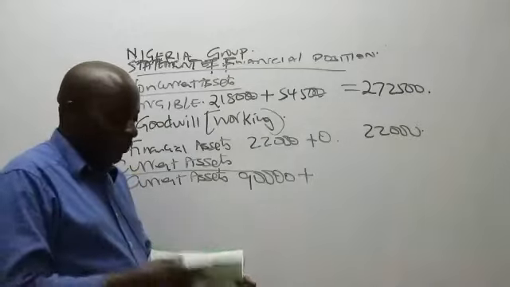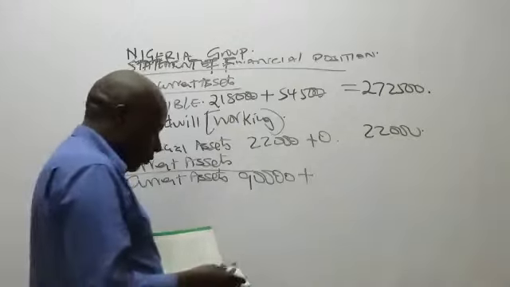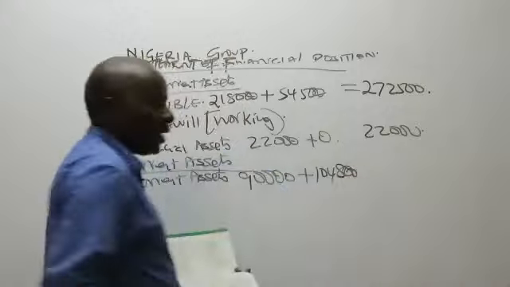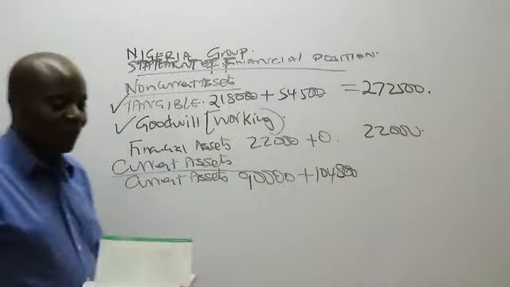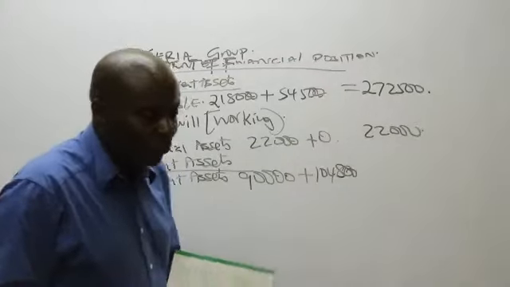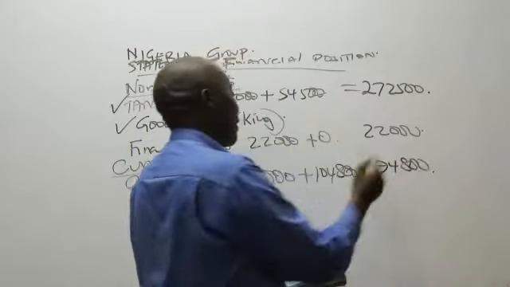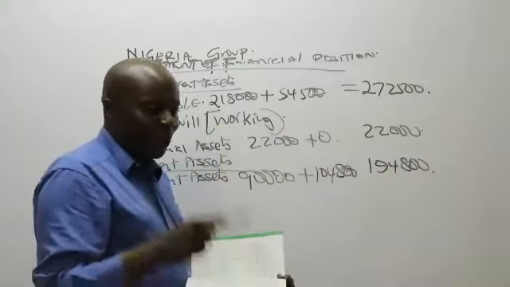Who can remind us that figure? 104,800. So the total figure here will be 90,000 plus 104,800, which is 194,800. Now, ladies and gentlemen, remember goodwill, I'll be doing goodwill later.